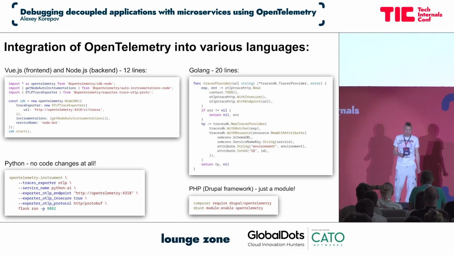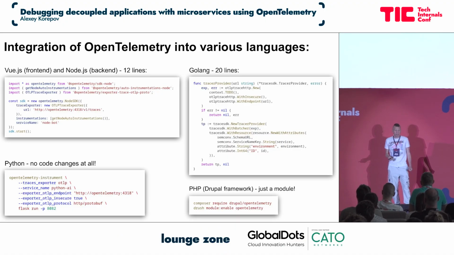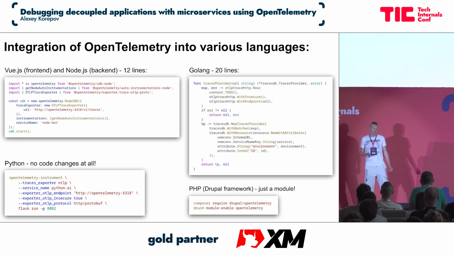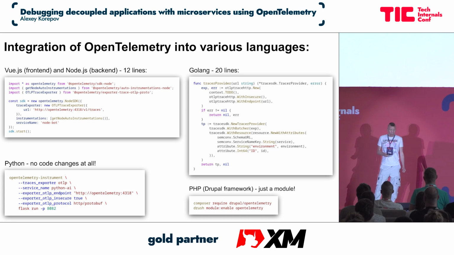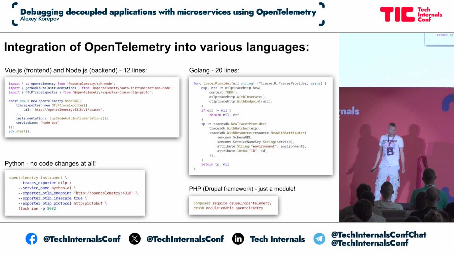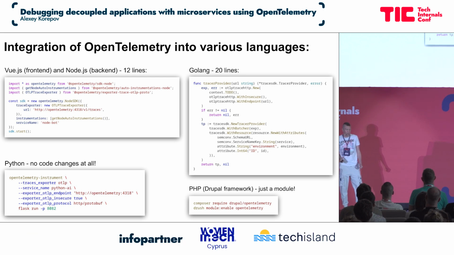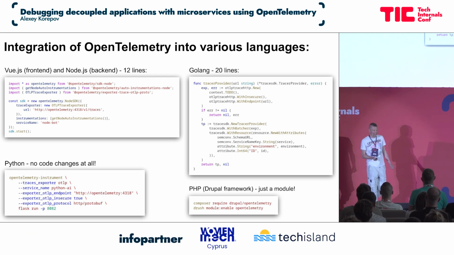Just create a new SDK and start it, and that's it. And it automatically catches all the HTTP requests and all other popular calls. For Golang, it's a little bit more, 20 lines, but still not a lot to spend a week.